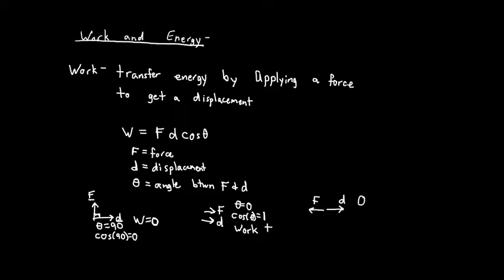So this would be anti-parallel, where the angle between these two is 180 degrees. Then the cosine of 180 degrees is equal to -1, and your work done by this force is going to be a negative value. So those are 3 good examples of forces being applied to do work and how work is defined.